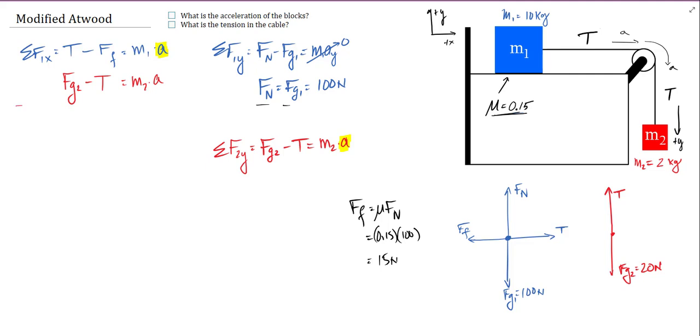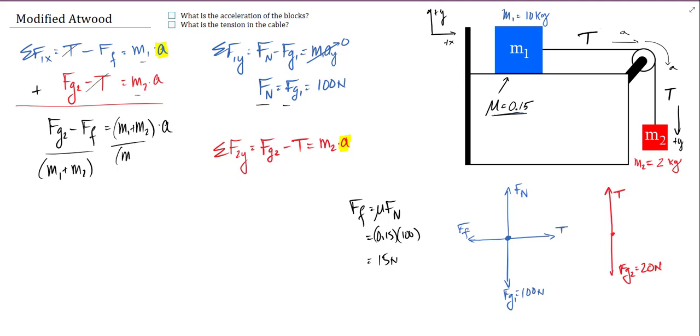And now we can see if I add these, the positive tension here and the negative tension there are going to cancel each other out, and I get Fg2 minus the friction force equals, now m1 and m2 are both multiplied by a, so I can write this as m1 plus m2 times a, and I can see that the acceleration is going to be the difference in the mass 2's weight and the friction force divided by the total mass. So let's just write it that way, and then we'll put some numbers in.